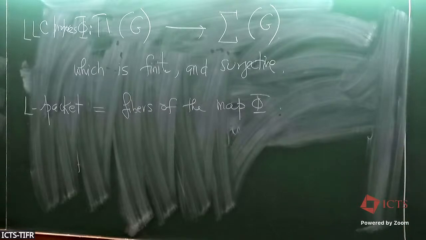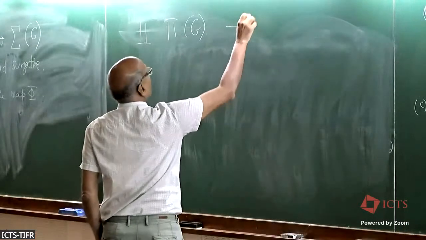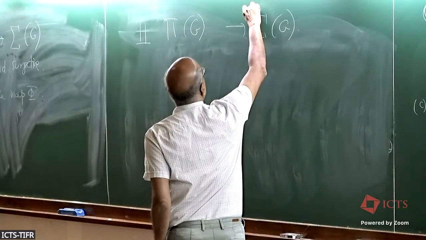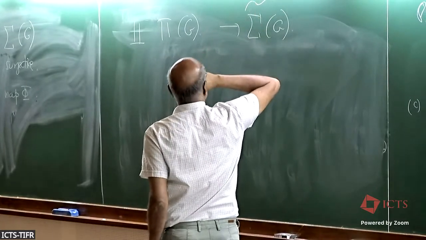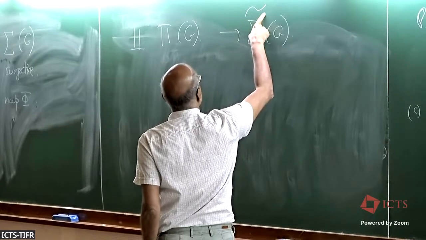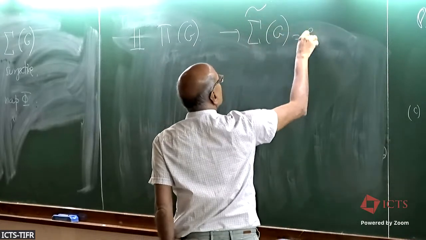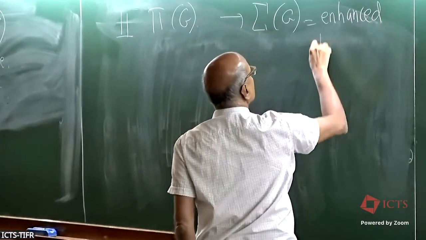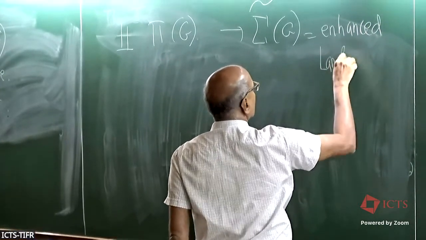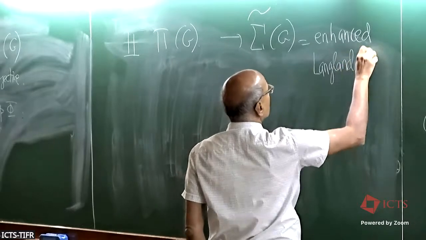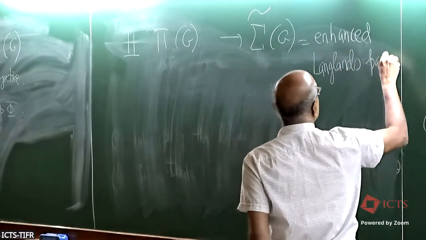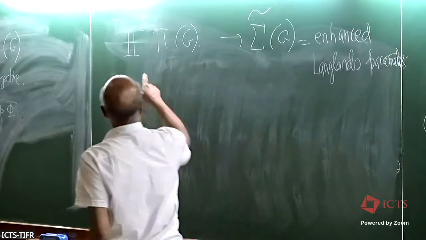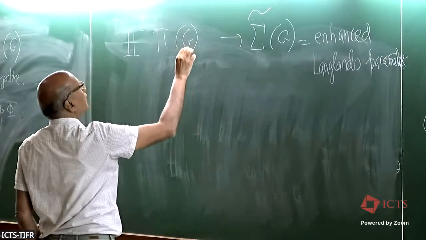So you have Pi(G), and you have Sigma(G), and then there is what is called the enhanced Langlands parameter, enhanced Langlands parameters. And this is a disjoint union.